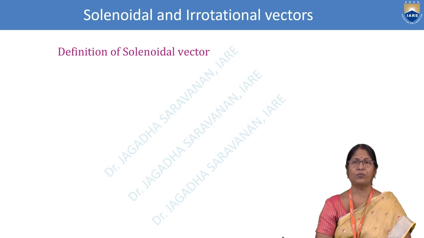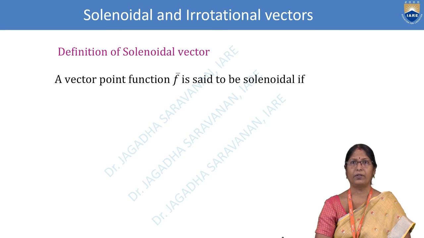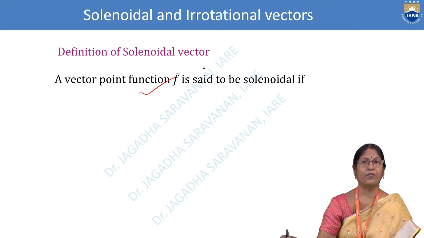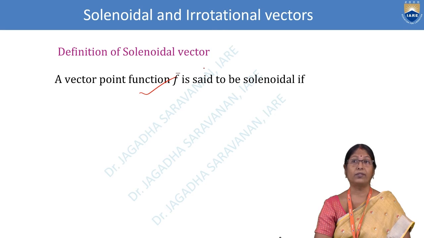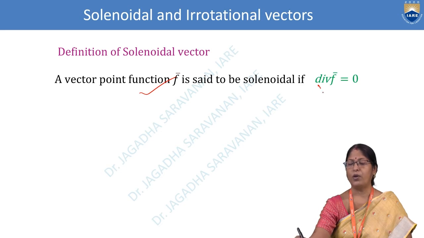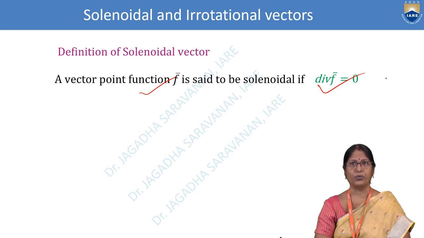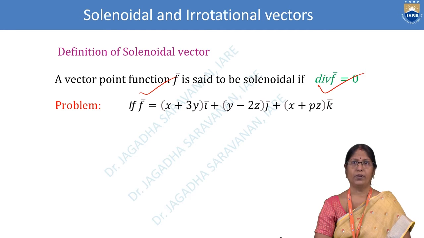Now, the definition of a solenoidal vector. A vector point function f is said to be solenoidal if divergent f equals 0. Based on this, we will look at the problem.